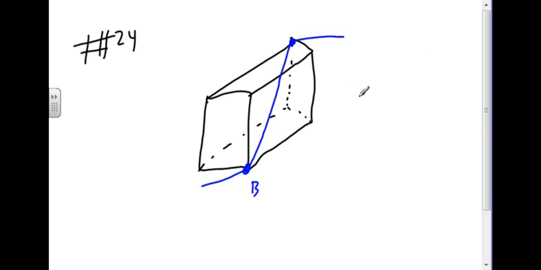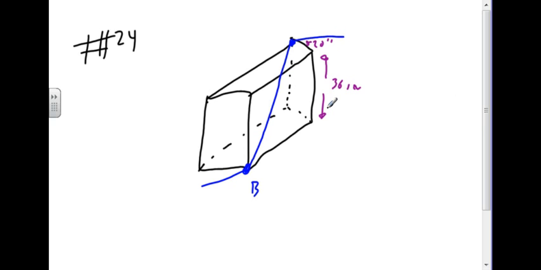And the roll is 20 inches. So roll is A to C. So I have 20 inches right there. All right. And the offset, C to D, the offset is 36 inches there.